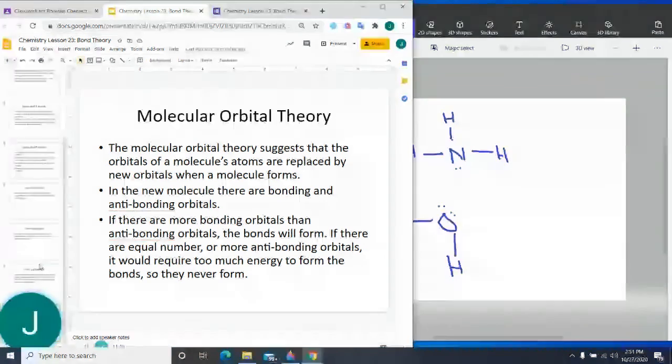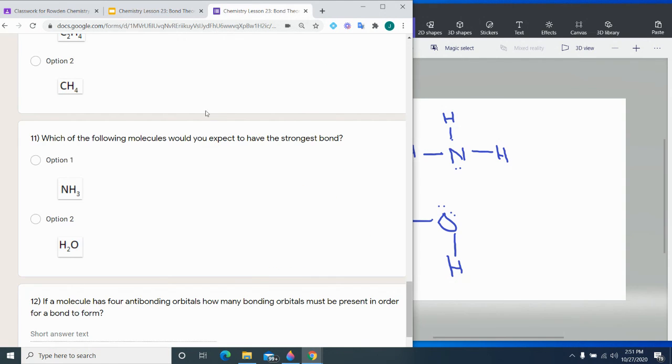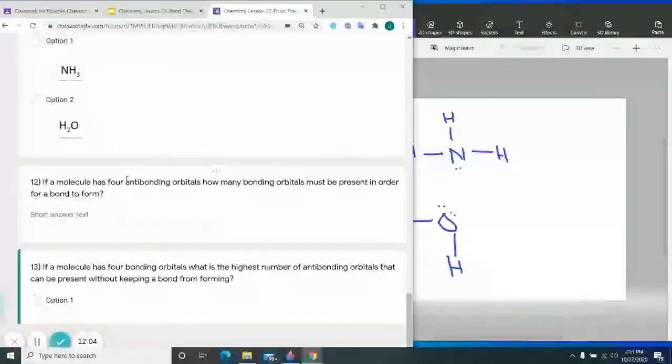So basically if you have more bonding orbitals than anti-bonding orbitals, you can still form the molecule. It's kind of like if you're in a car with a bunch of people and you're talking about where to go for food, just because 1 or 2 people don't want to go somewhere doesn't mean it's not going to happen. Typically, if there are more people that want to go to a particular place than those that don't, then you end up going there. So that's how this is going to work. So I want you to use that. Try to do the last 2 problems, and then I'll go over it and we'll be done.